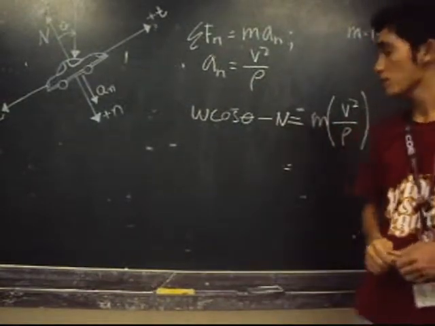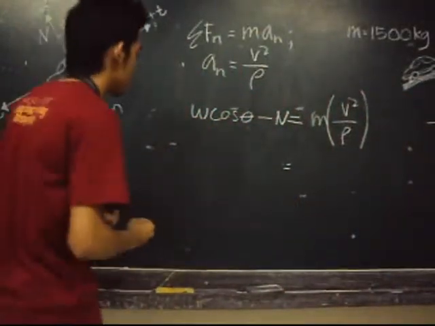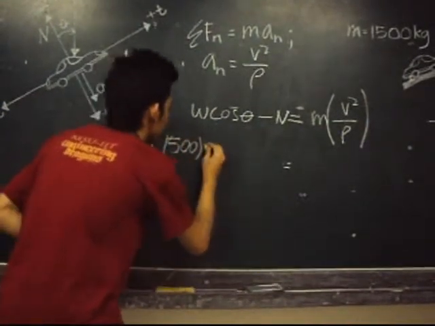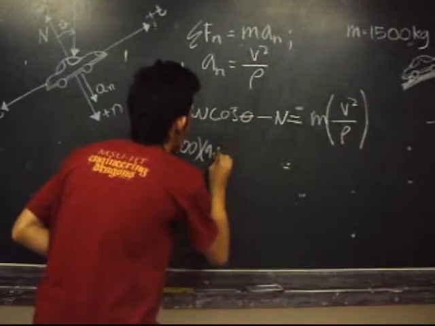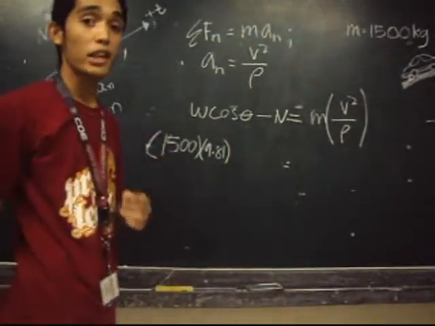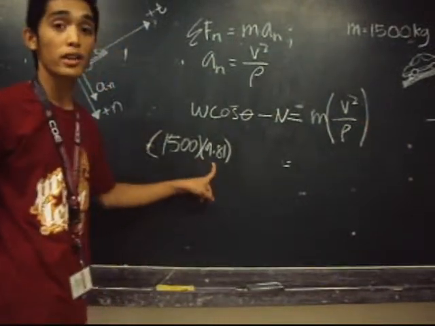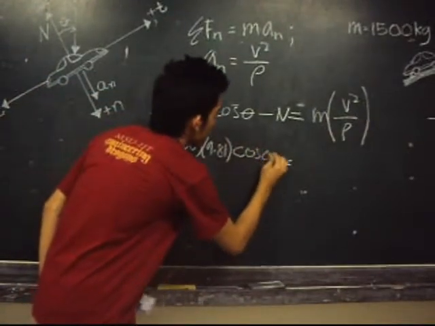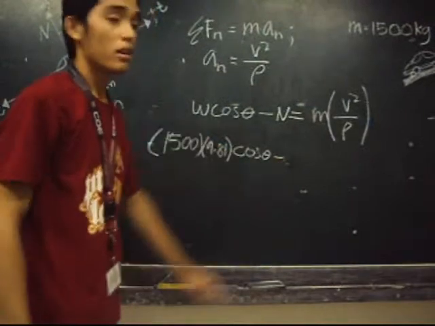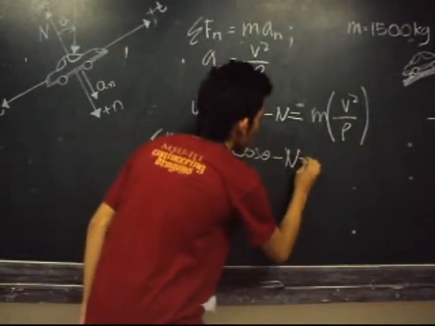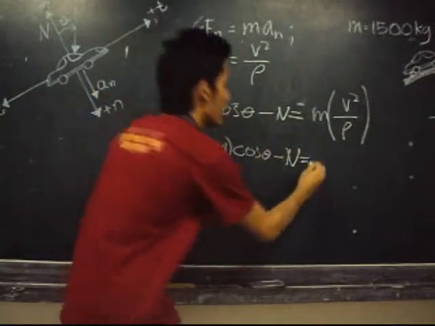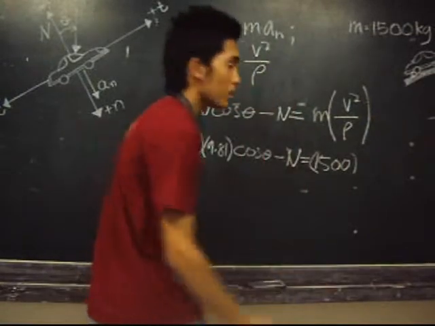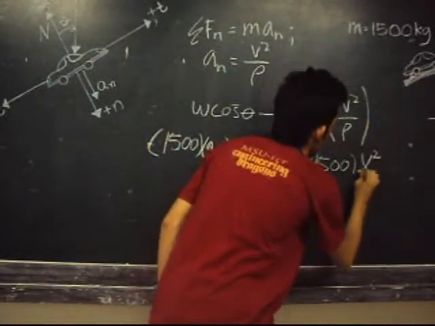Substituting the given values, our weight is 1,500 kilograms times the acceleration due to gravity, which is 9.81, times cosine theta, minus the normal force, equal to the mass, which is 1,500 kilograms, times the velocity squared over rho.